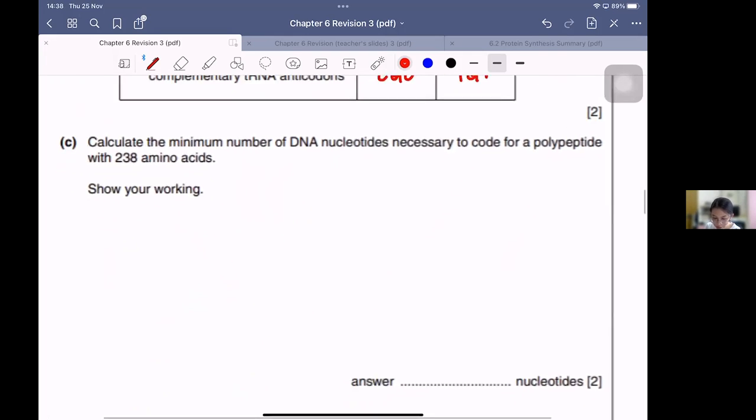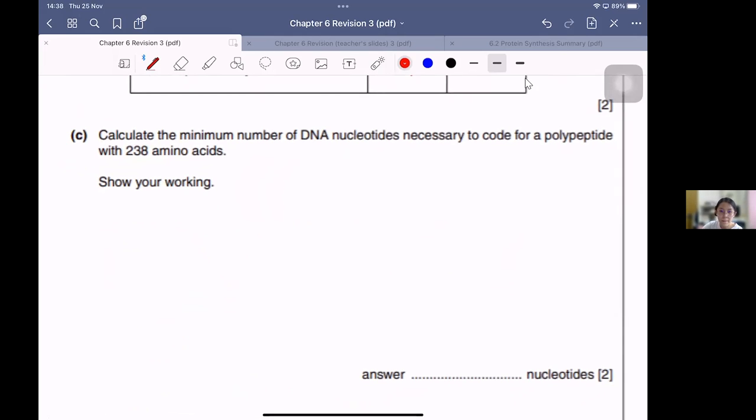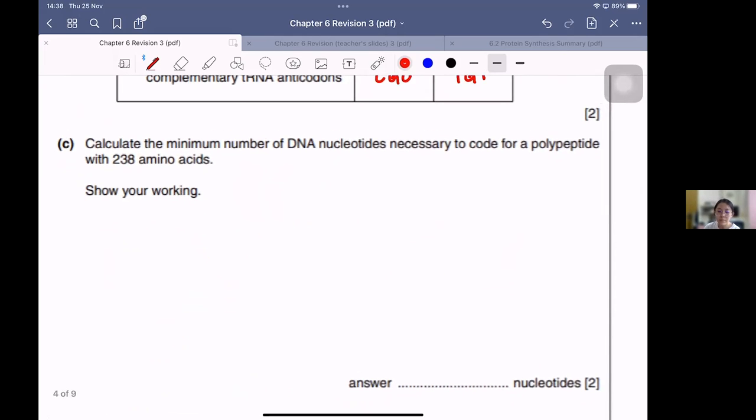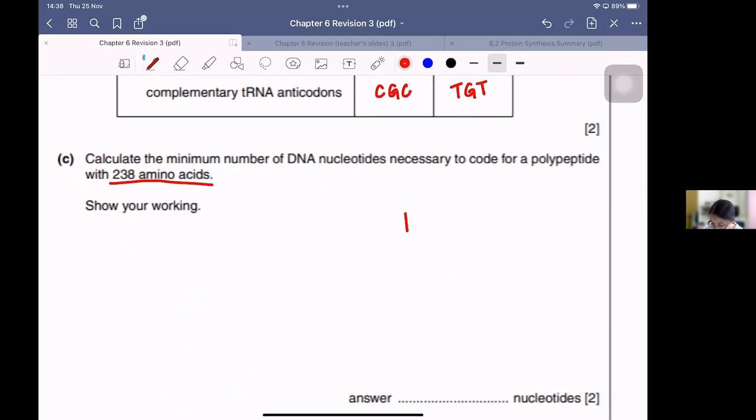So let's look at this question over here. Calculate the minimum number of DNA nucleotides necessary to code for a polypeptide with 238 amino acids. Just now, I've already shown that this is the tRNA and it has anticodons.